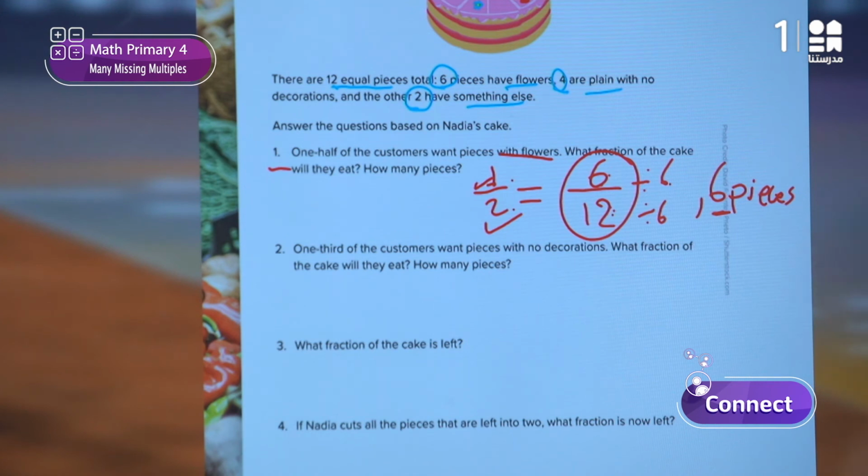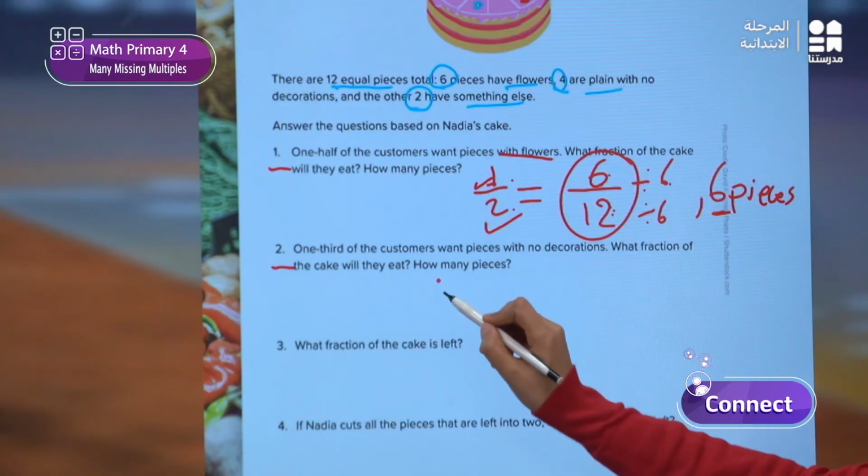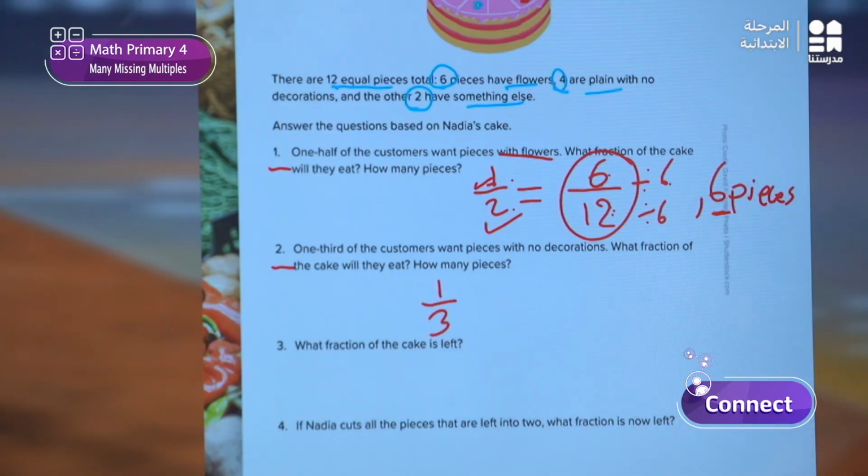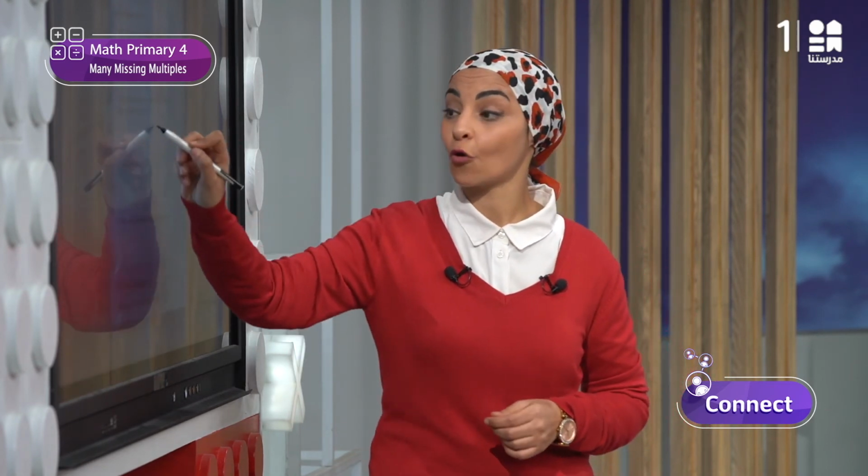In the second question, here we know that 1/3 of the customers want pieces with no decorations, plain. 1/3 of them want plain cake. Now we know that the pieces of the plain cake are 4 pieces out of 12.